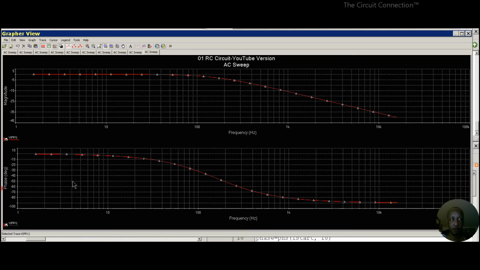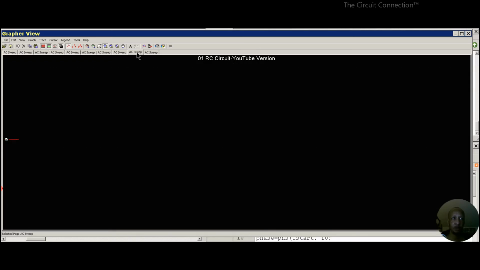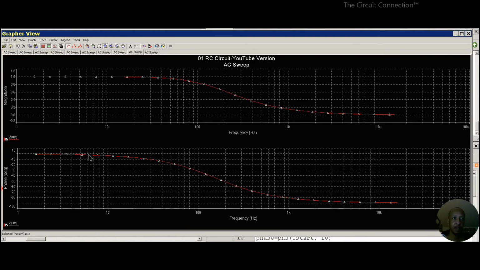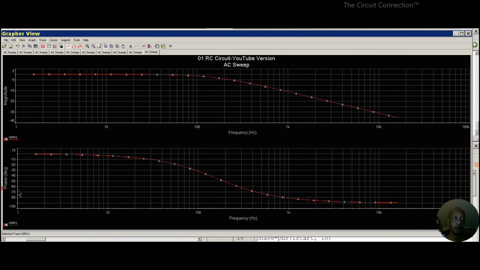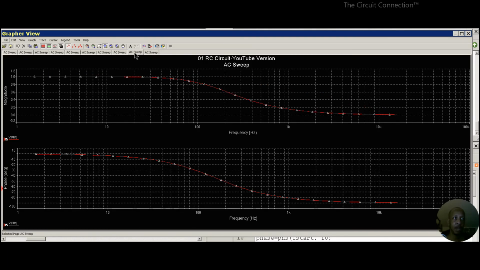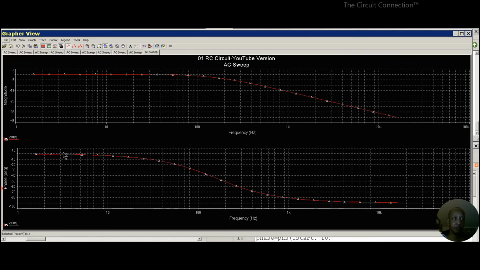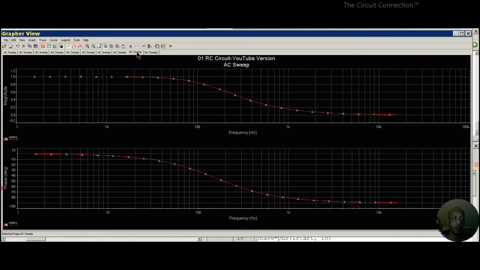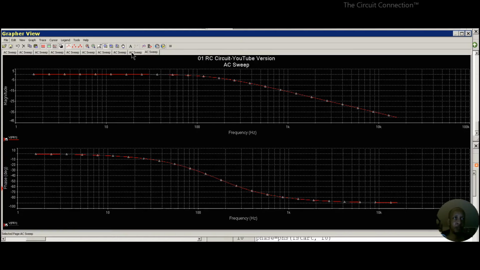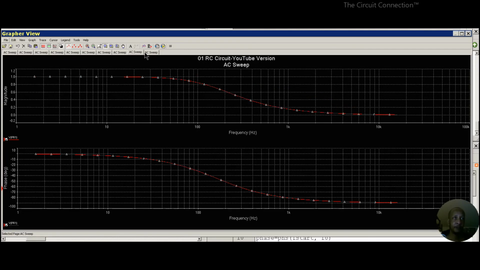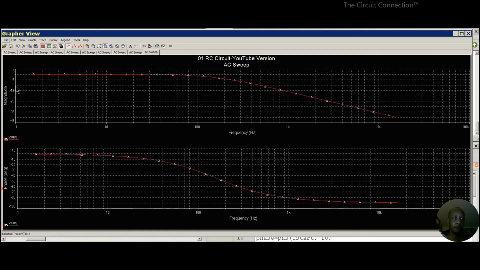Decibels, of course, don't apply to phase that is put in degrees, and I'll go back to the previous graph and you'll see that it's exactly the same here. Okay, so the only thing when I'm switching back and forth between these two graphs, if you look at just the phase plot, don't worry about the magnitude plot, nothing changes. So decibels don't apply to phase, they only apply to magnitude.